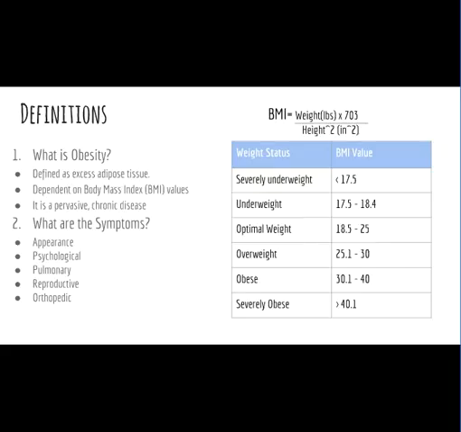And then also there's heart issues that can develop because your blood has to pump further and harder, and so your heart's working a lot harder, and then also respiratory issues can appear. So it is by the CDC qualified as a chronic disease because of the long-term effects it has.